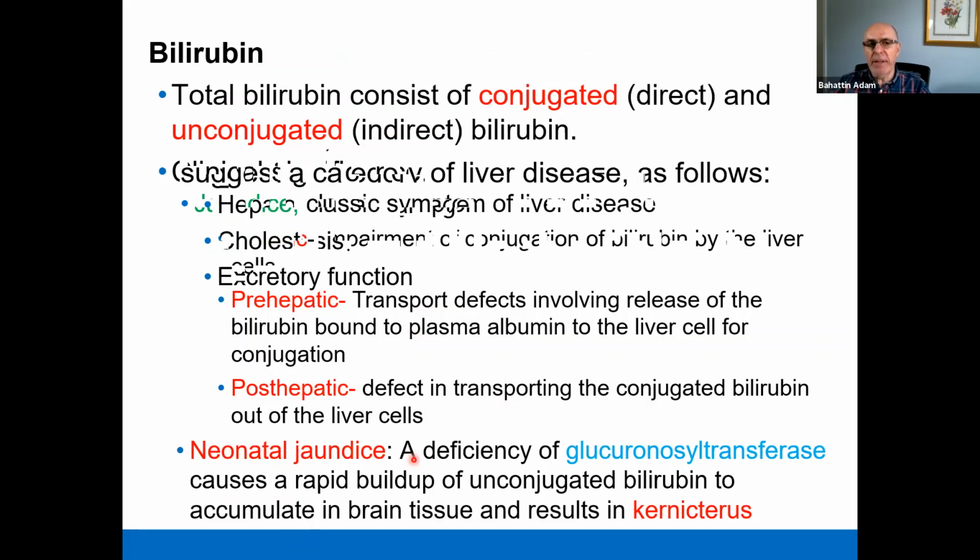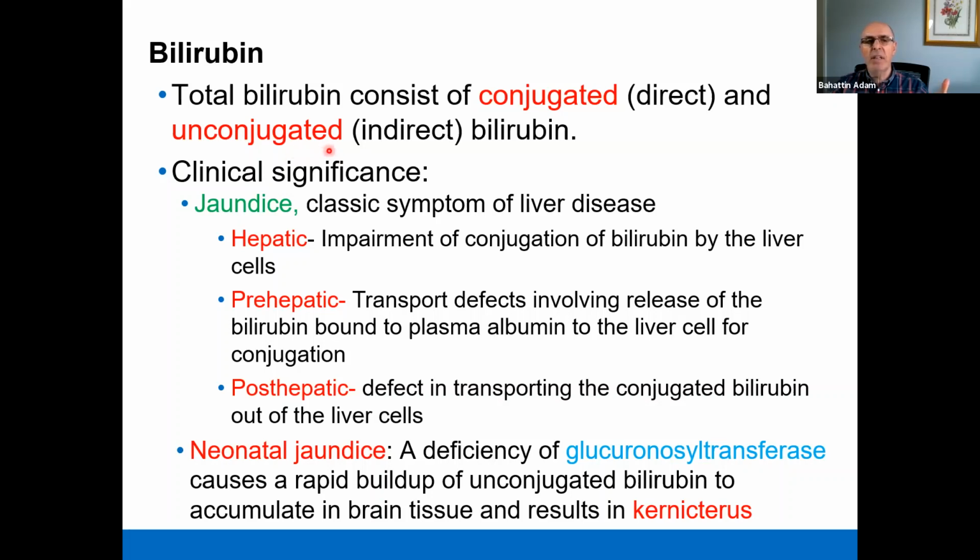Okay, bilirubin is an end product of the hemoglobin breakdown, and bilirubin consists of conjugated and unconjugated. Conjugated bilirubin is also known as direct bilirubin.